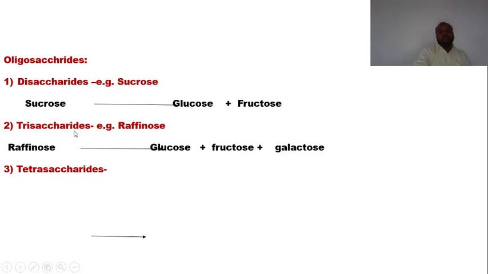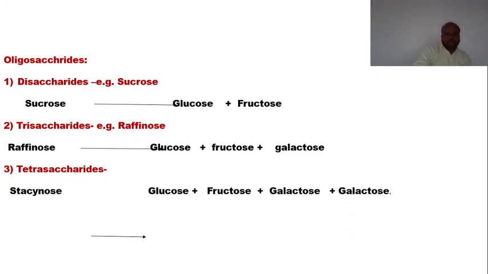Then there is the tetrasaccharide, the third type of oligosaccharide, and the well-known example is stachyose. When stachyose is hydrolyzed, we get four sugars, glucose, fructose, galactose and galactose. There are 4 in number, therefore it is called a tetrasaccharide.